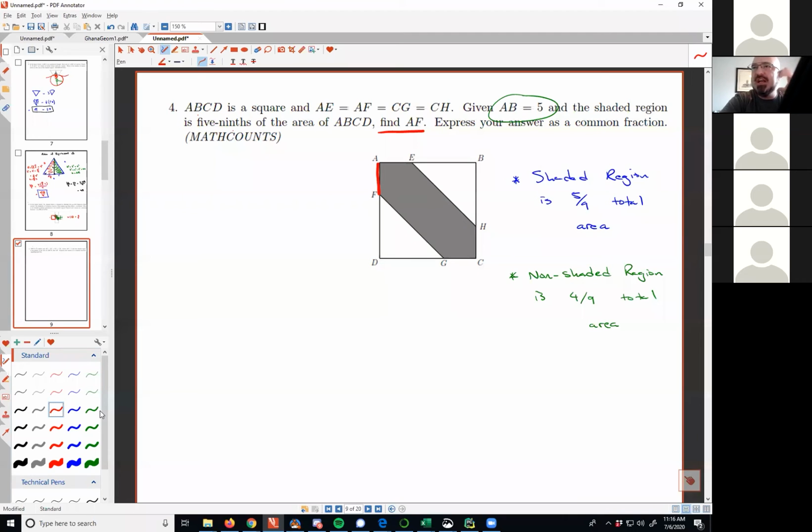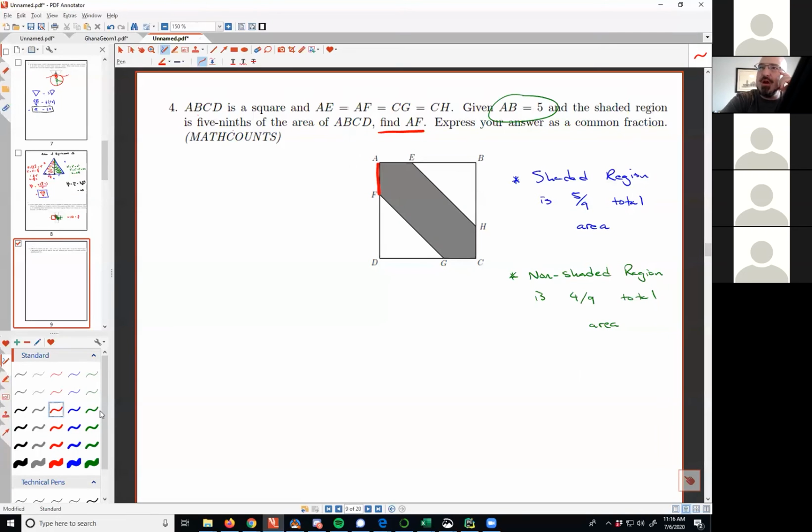What is the non-shaded area? The total area of the non-shaded area. No, I mean in description. What are those little pieces? Each of them is a triangle. It's a right triangle.